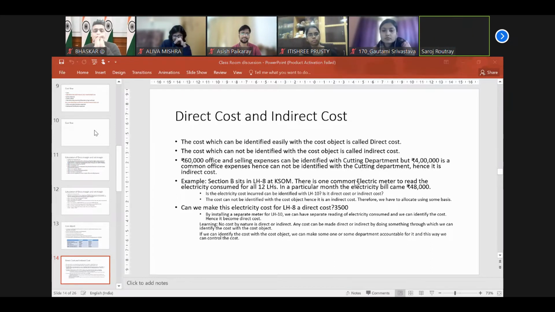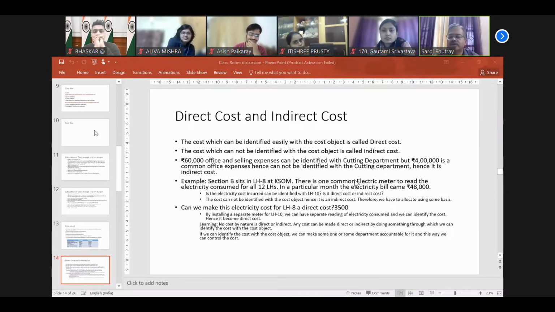All right. We will have a little bit of discussion related to direct cost and indirect cost. Then we will get into some of the questions.